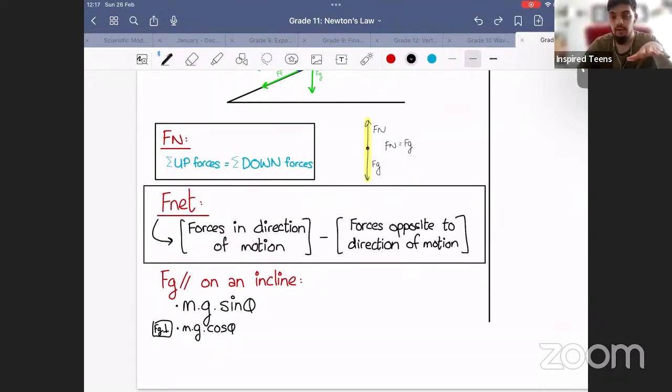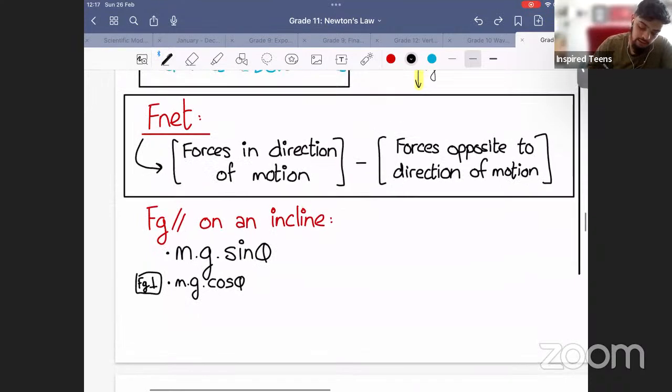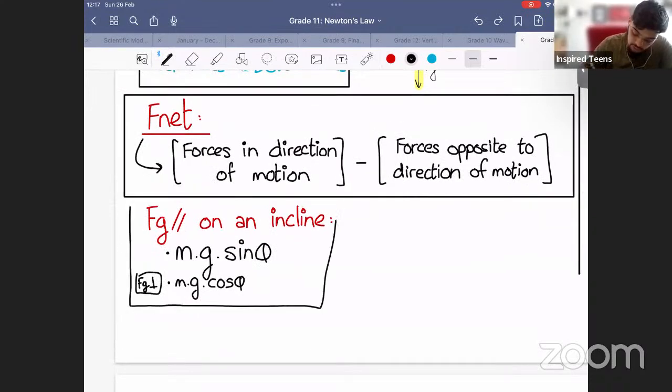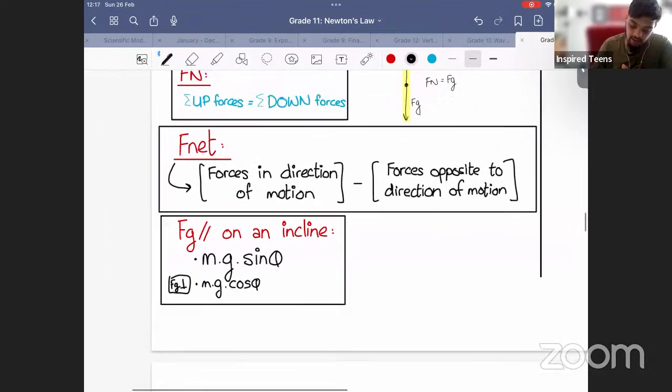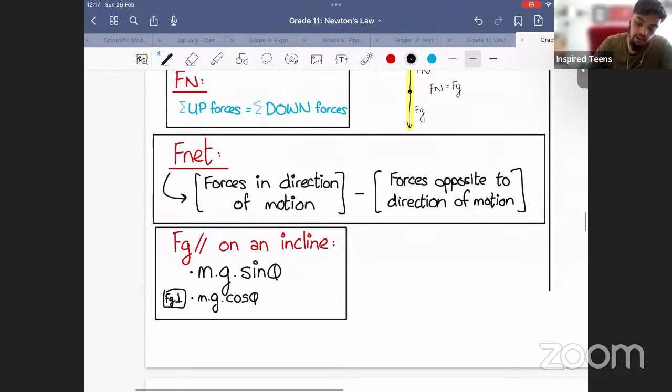Those are just bad habits. So Fn: sum of up forces equal to sum of down forces. F net: forces in the direction of motion minus forces opposite to the direction of motion. Fg parallel on an incline, we'll get to there, right?